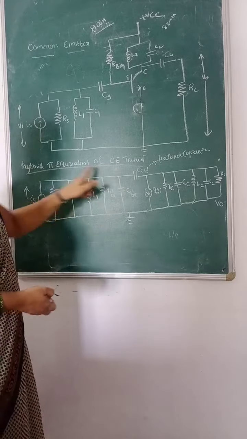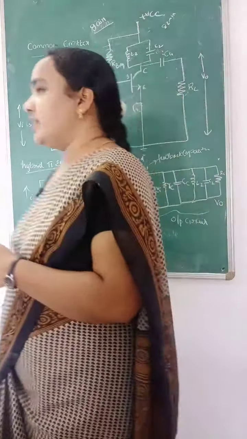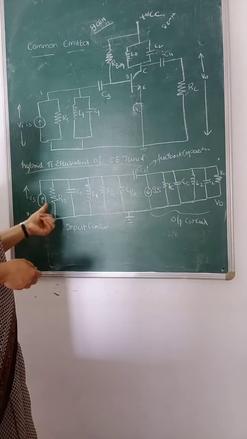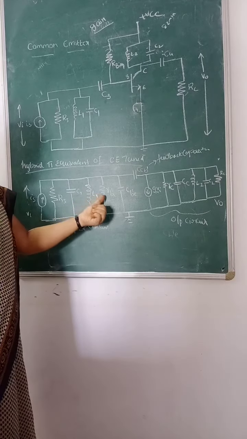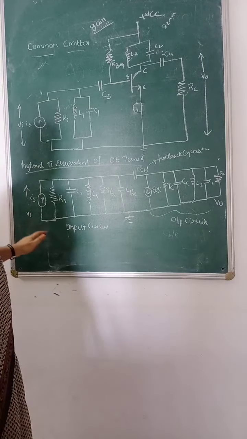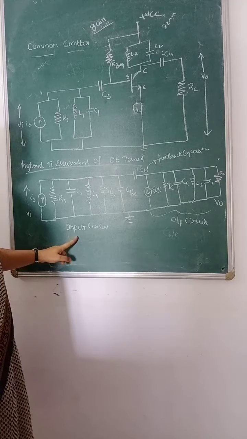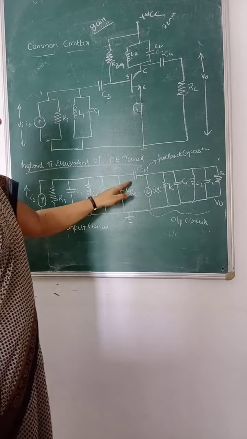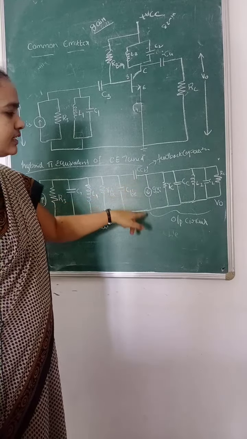This total circuit: this IS, RS, parallel combination of L1, C1, input resistance and input capacitance, this total section is the input circuit of the common emitter tuned amplifier. This capacitance is the feedback capacitance.